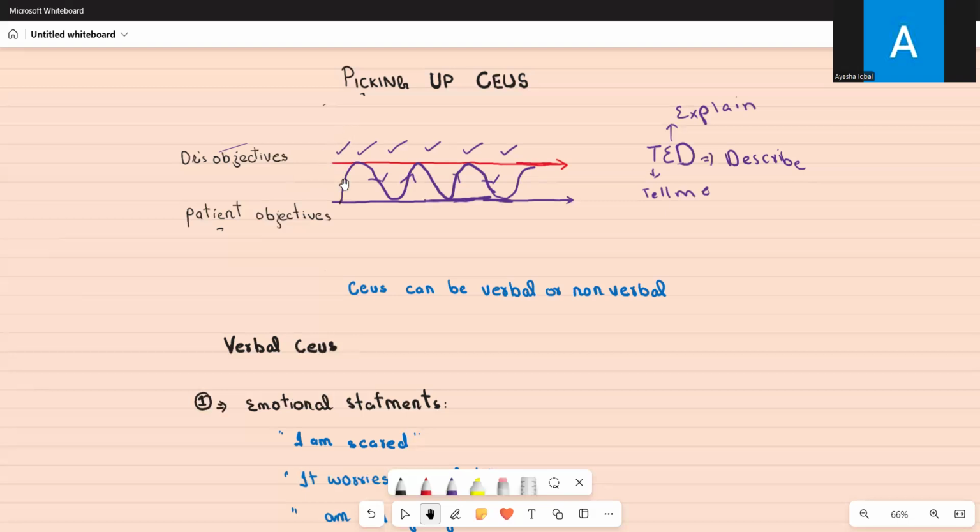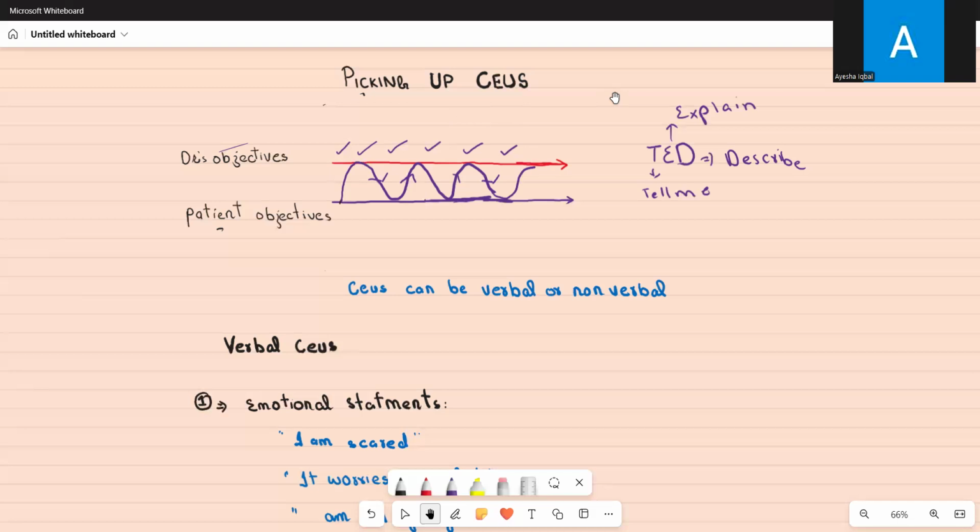So how do we actually respond to these concerns or cues in the data gathering part? First of all, you acknowledge their concern or their worry and reflect on it. You can tell them it is understandable to be scared, but can you please tell me what it is about this pain that worries you so much?